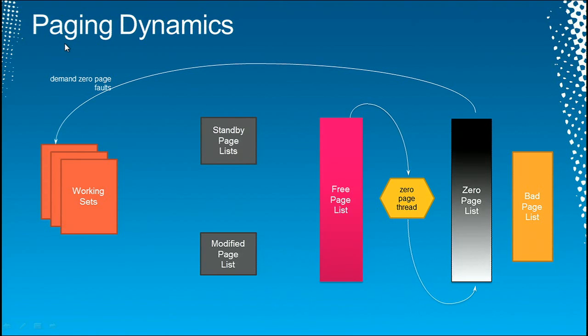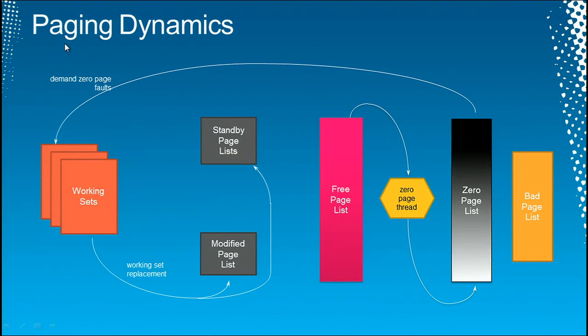So notepad.exe or a kernel driver starts executing. Or not a system driver, because they don't have working sets, but a process, like the session manager process, one of the first ones, gets its page given to it from the zero page list, and then it starts scribbling on it whatever it wants to.